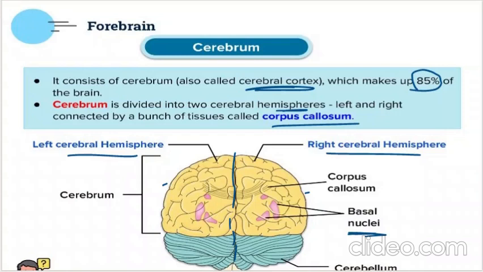Now these two hemispheres, who is joining them? Is there a glue? Yes, there is a kind of glue, and it is known as the corpus callosum. So the corpus callosum joins both cerebral hemispheres of the brain.